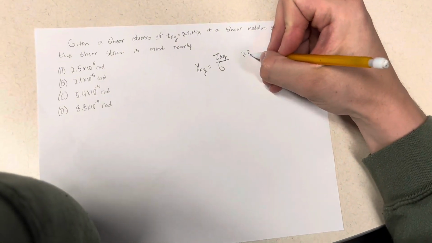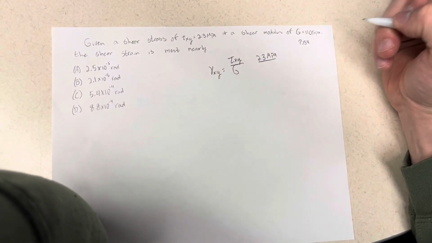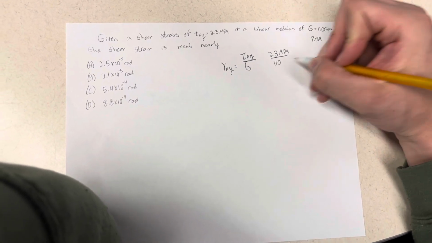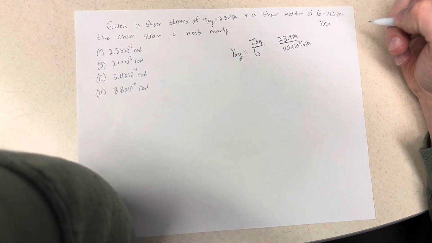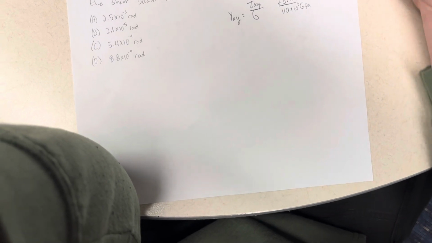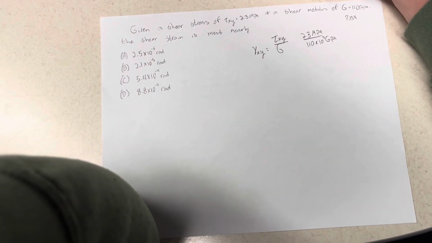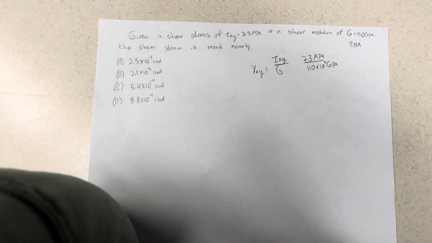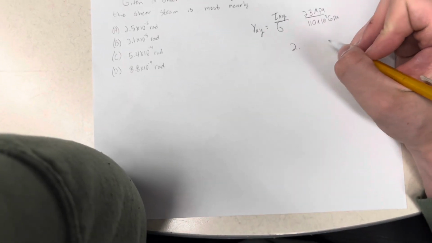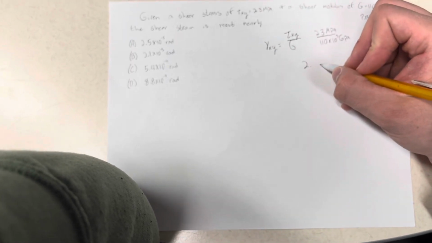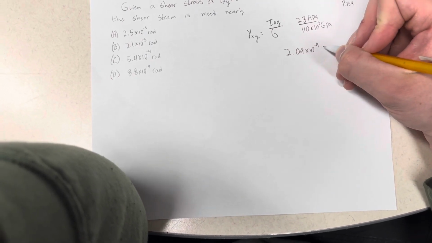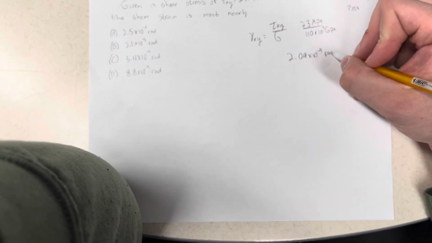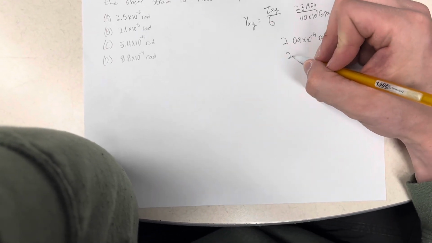We're just doing the x direction. This will be 23 MPa over 110 times 10 to the third MPa, which will get us about 2.09 times 10 to the negative fourth radians, or about 2.1.